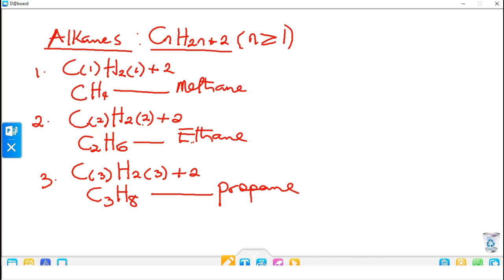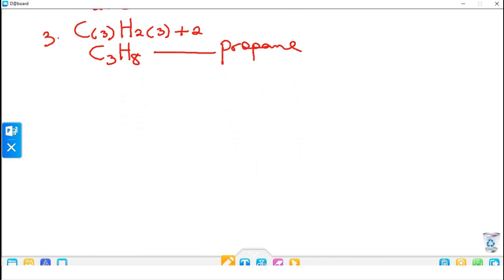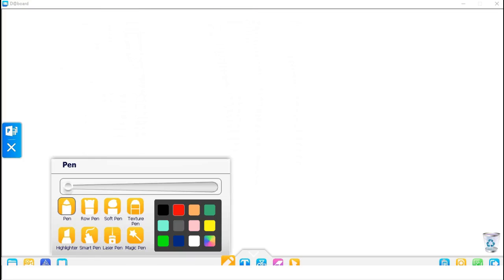So, to do that, let us take a look at this. Now, we have alkane, we have molecular formula, MF, and let us take this as a structural formula, SF, and last of all, this is a condensed formula.